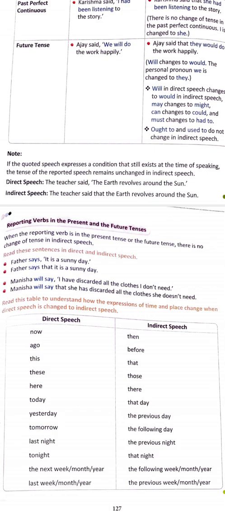The next is, Manisha will say, "I have discarded all the clothes I don't need." Simply you will write, Manisha will say that, and I changes into Manisha, who is a girl. We will write here, she has discarded all the clothes she doesn't need. You can see that we haven't made any changes like have changing into had.